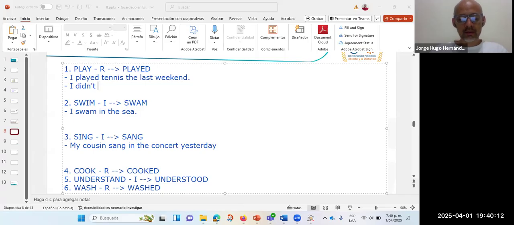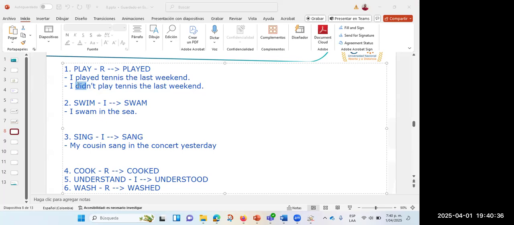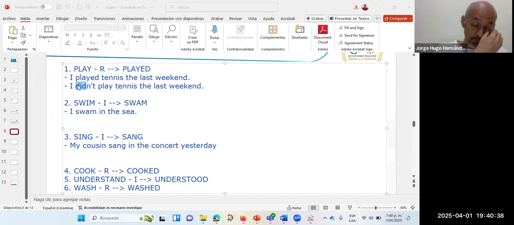But look at this. In order to make the negative sentence, look at this. When you find did, you know we are talking about past. Okay? Siempre que veamos un did, vamos a saber que estamos hablando en tiempo pasado.